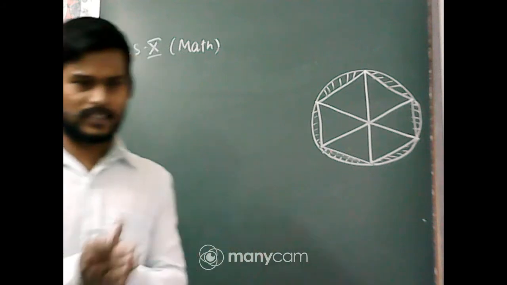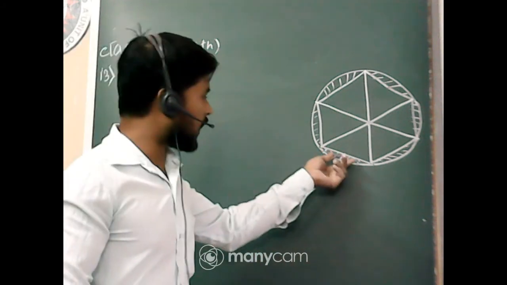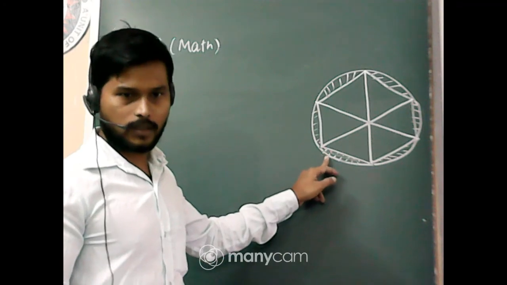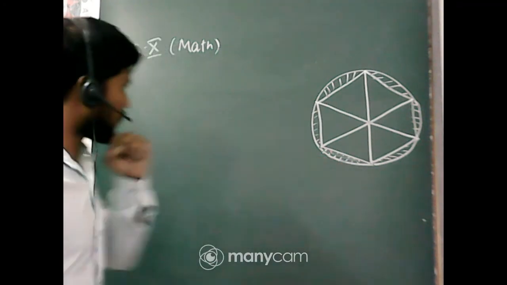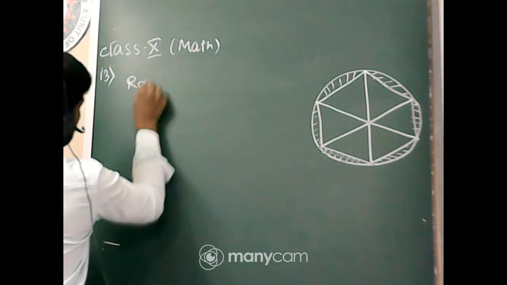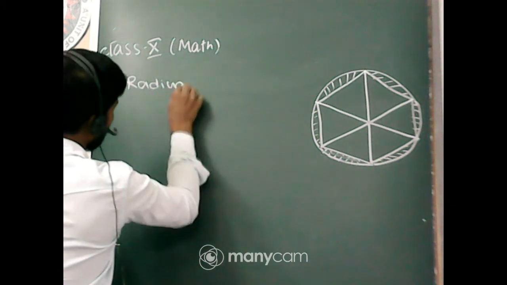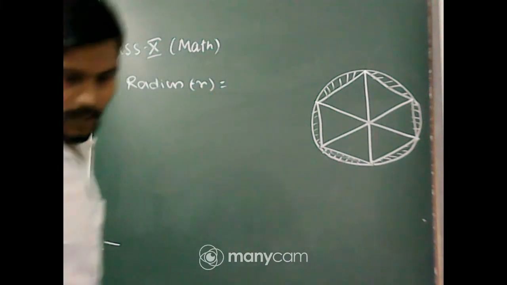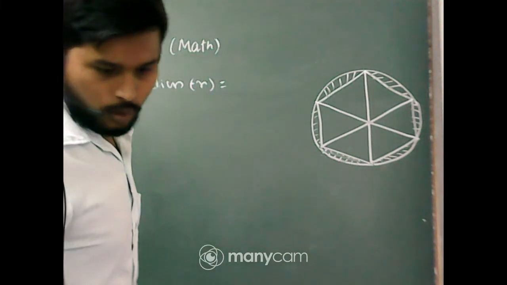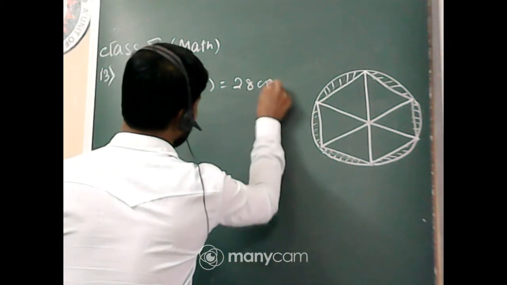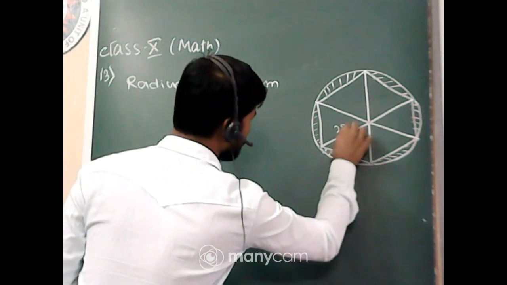So our task is to find the area of one segment here. Now look, what is the radius given here? The radius of the table is given as 28 centimeter.